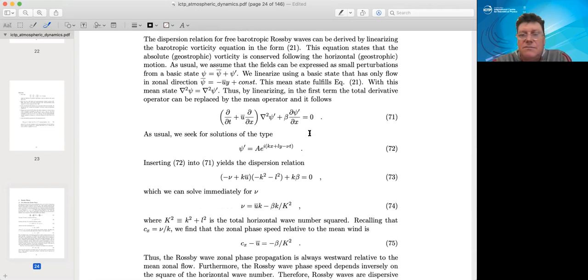And now, again, we are looking for sine and cosine solutions. Only to make it a little bit more general, in this case, we allow also waves that not only propagate in zonal, but also propagate in meridional direction.